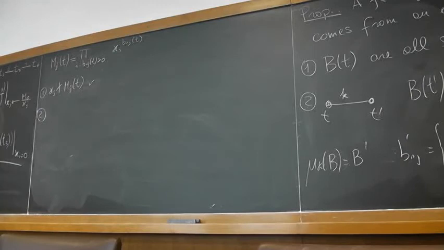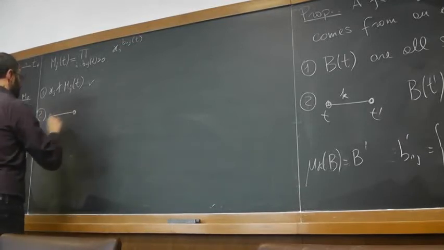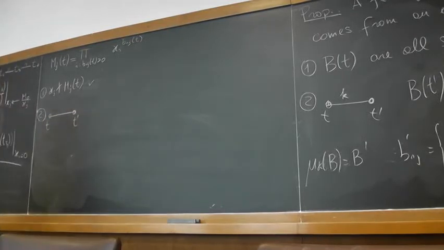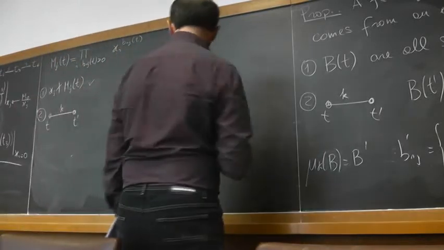Axiom 2, for t prime. Maybe I use the letter k here because we used k for the notation.